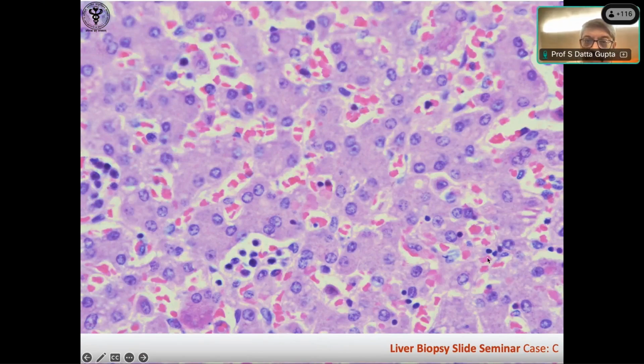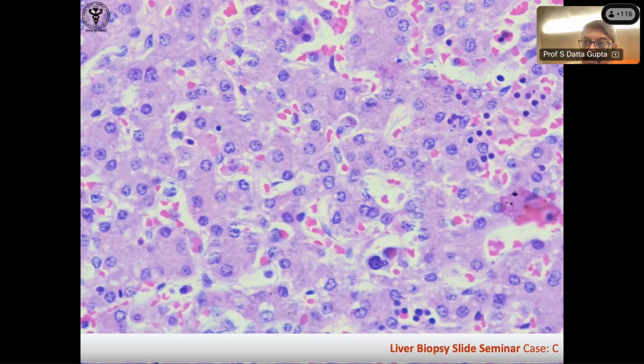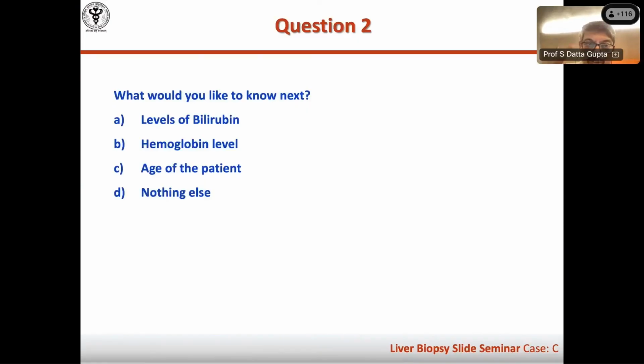Anything else you find in the liver, just see. What would you like to know next? Anything in this?